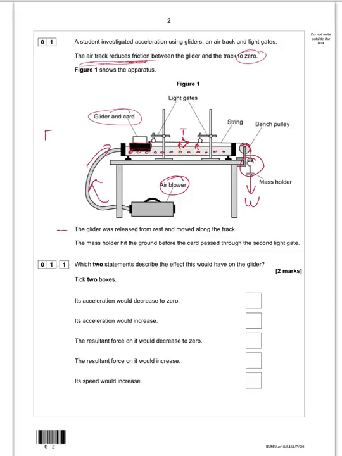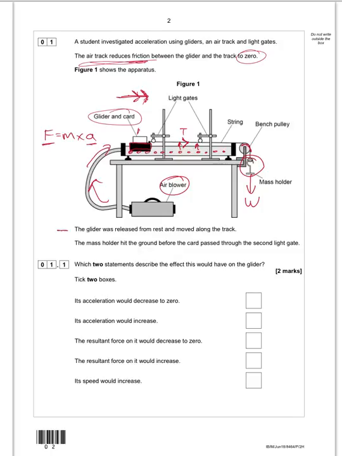And because you know that force is equal to mass times acceleration, because there is a force being applied to the glider, there will be an acceleration. So when you release it, as soon as you let go, it is going to accelerate towards the right. We use a double arrow like that to show that it is accelerating towards the right.